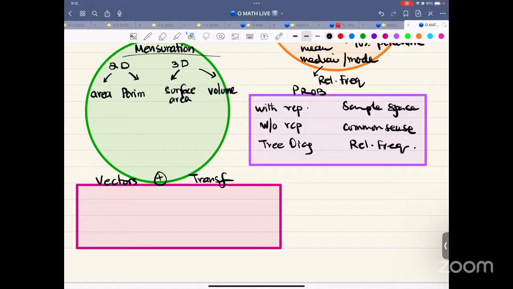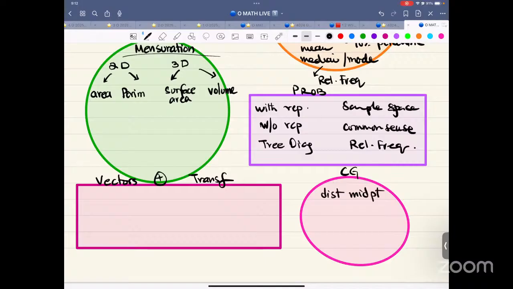And yes, let me make another box for coordinate geometry. So that is over here, coordinate geometry, CG, the basic things: distance, midpoint, length, that's the same thing as distance, slope, equation, parallel lines, perpendicular lines, perpendicular bisector.